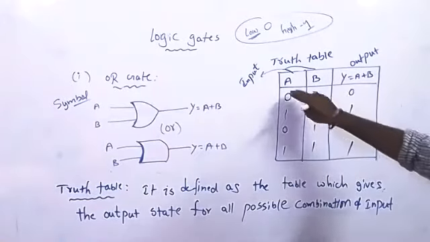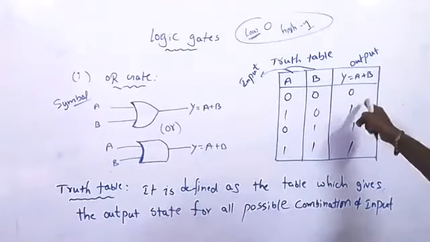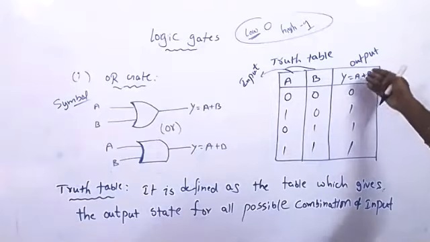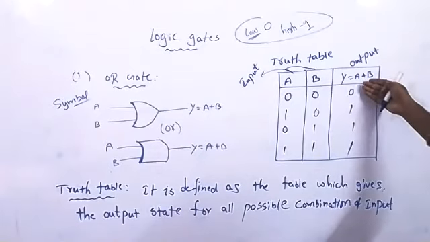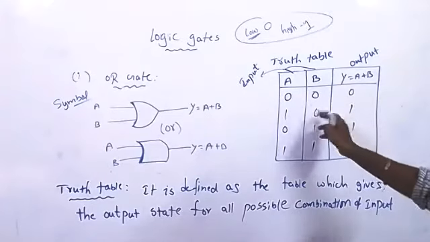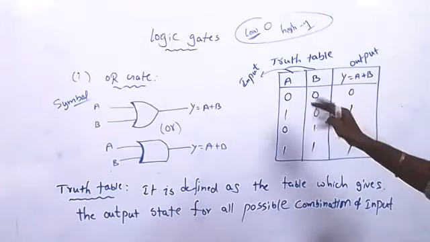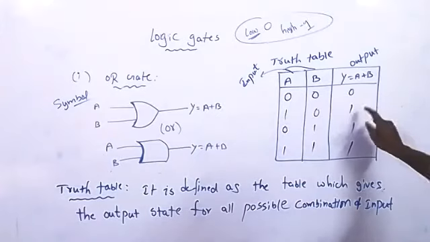So except this condition, remaining in all combinations, output you will get high only. So it is the truth table. It is giving output for the combination of all possible inputs. For the combination of different inputs, output you will get. That is called truth table.